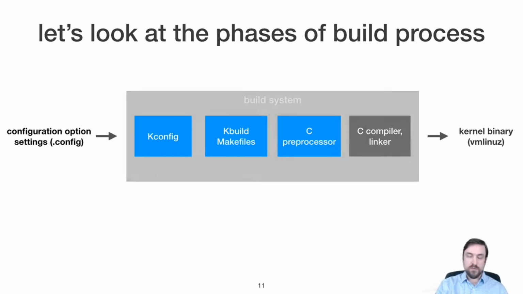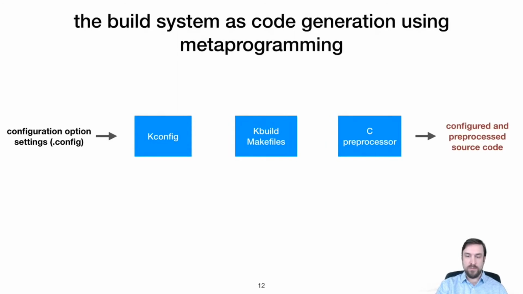If we remove the part of the build system that does the configuration step, the stuff that chooses which source code to build based on the .config file settings, then we can view this build system as a kind of code generation using metaprogramming, like the C preprocessor and makefiles. These are a kind of metaprogramming, in a sense, that takes the config files as input and produces code as output.